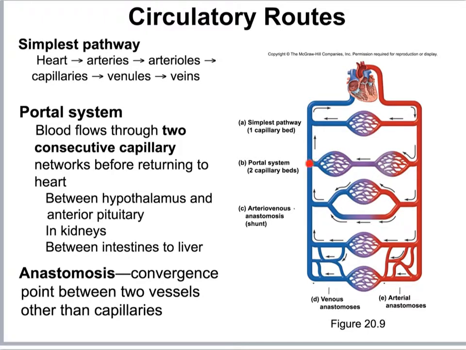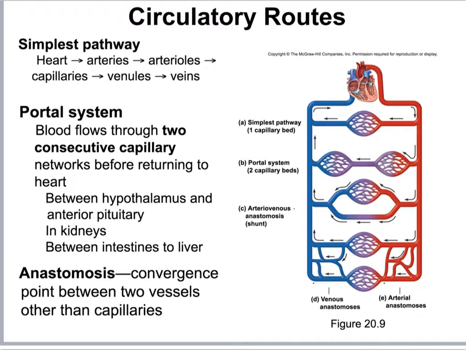Then the capillaries connect on the other side back into a vein that then goes back to the heart. That's called a portal system, and your second capillary bed is the portal system, and the vein that connects the two capillary beds together is called a portal vein. That's a portal vein right there.